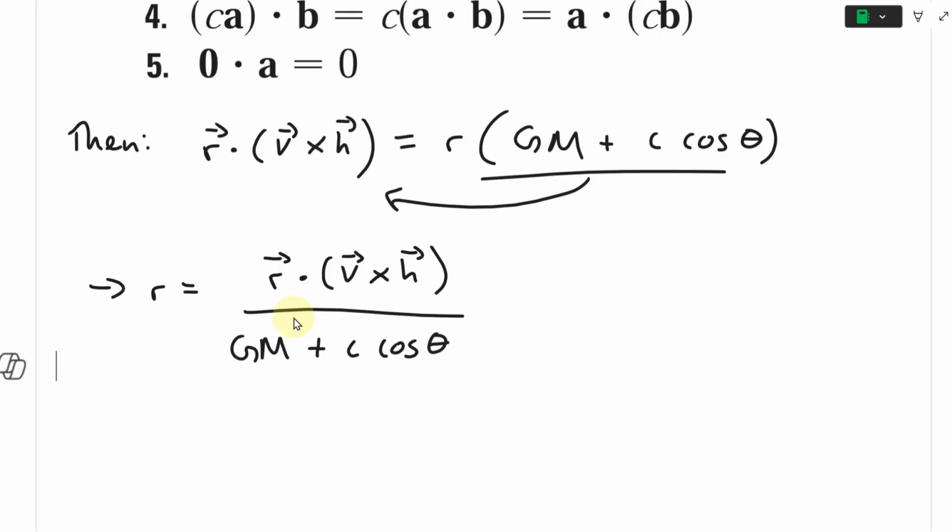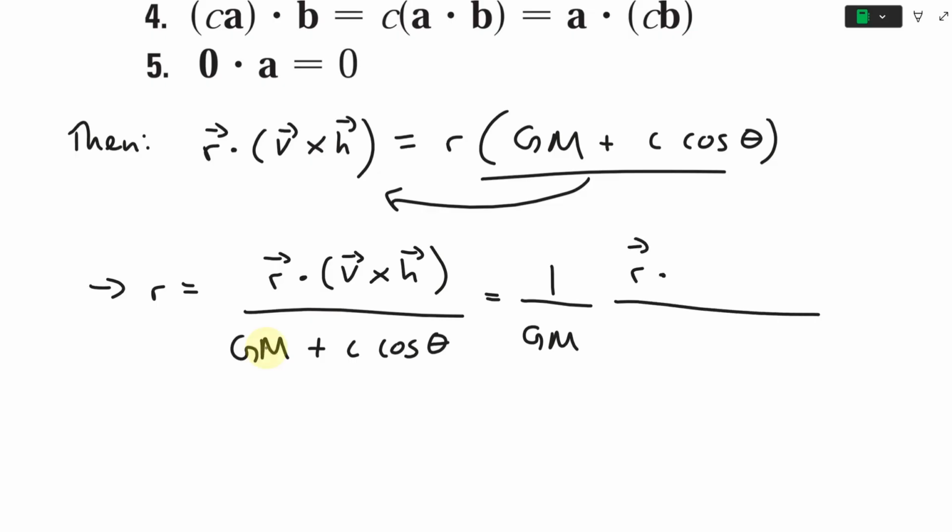Alright, the next thing I'm going to do is what the calculus book does. It factors out this GM at the bottom, so I'm going to factor out 1 over GM. So what we get now is r dot (v cross h), like that.